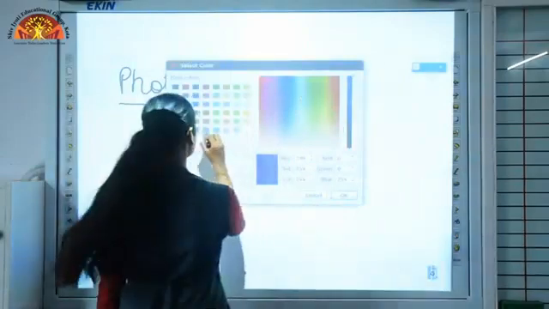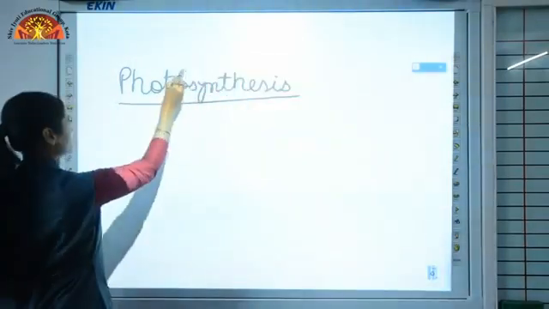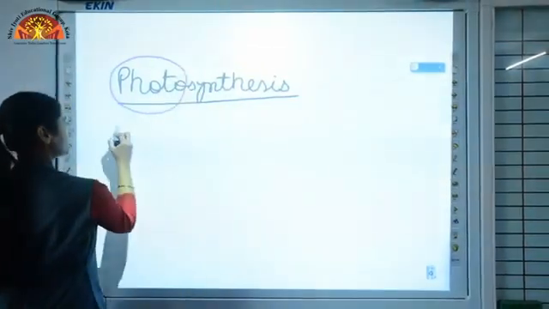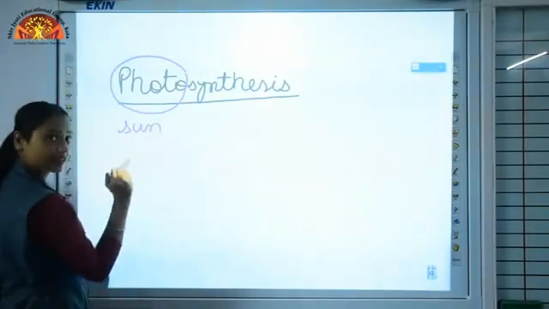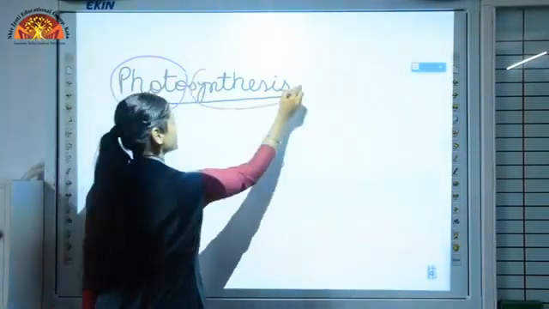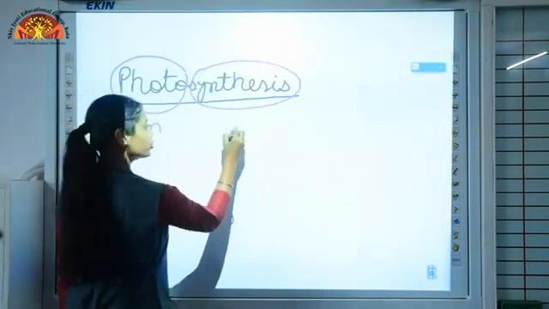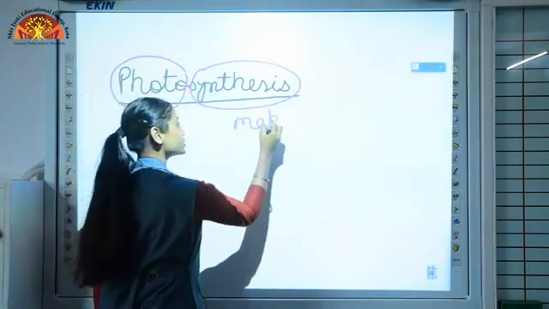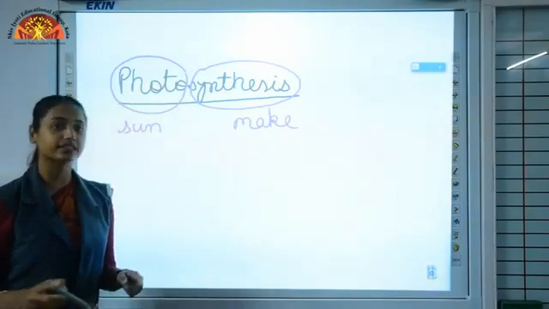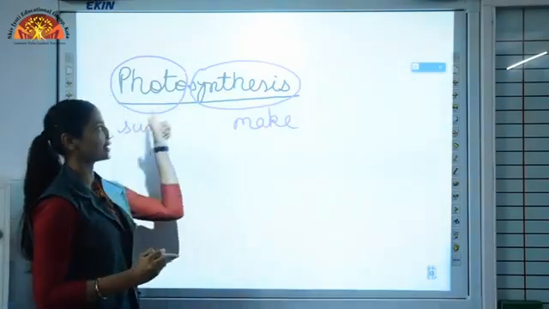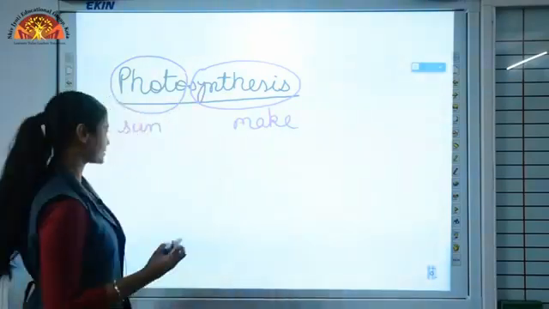What do you mean by the term photo? Photo means light, sun, and to synthesize means to make. So we know that plants make their food in the presence of sun, and that is known as photosynthesis.